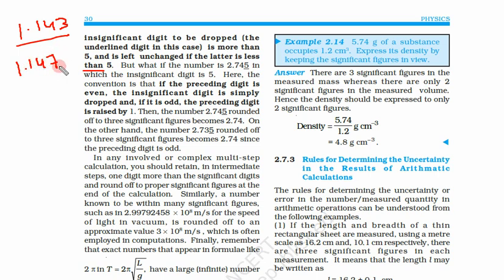This 7 is more than 5, so the previous digit will increase by one and this is dropped, so 1.15. In the other case, this is directly dropped, so we approximate it as 1.14. Now the problem is when we have this 5, 2.745. Then what do we do in case of 5?